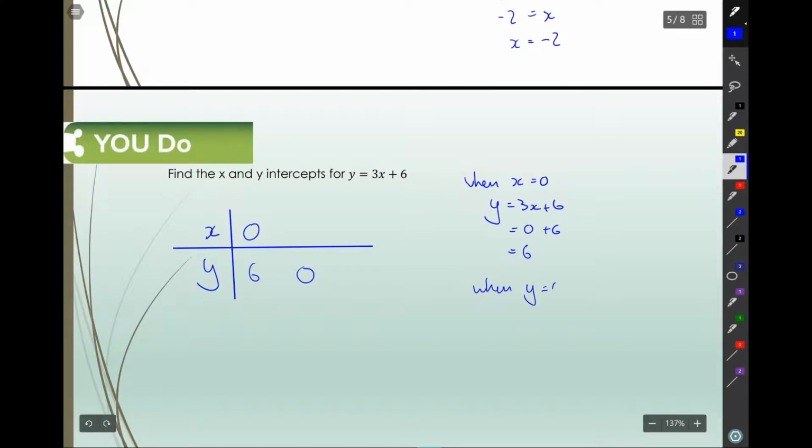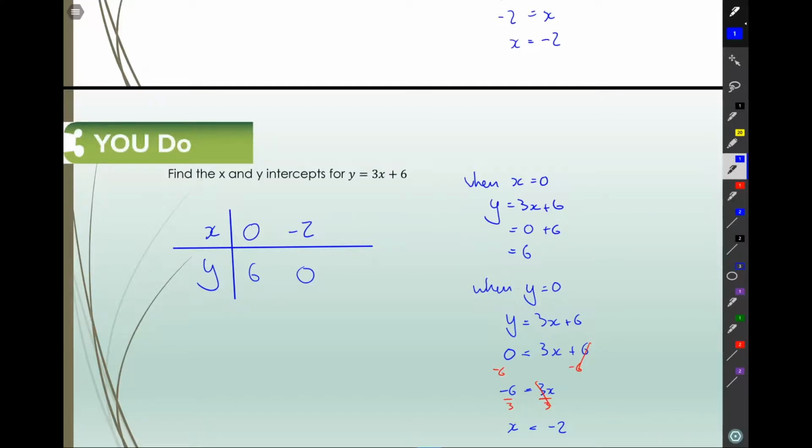When y equals 0, we've got our equation, and it equals 0. Now this becomes an equations question where we have to get x by itself. Minus 6 equals 3x. Now we have to divide by 3, so we end up with x equals minus 2. That's minus 6 divided by 3. And there we go. We found our intercepts.